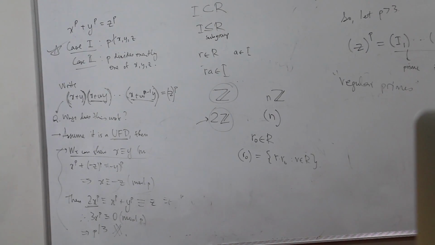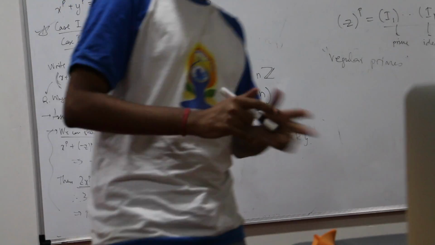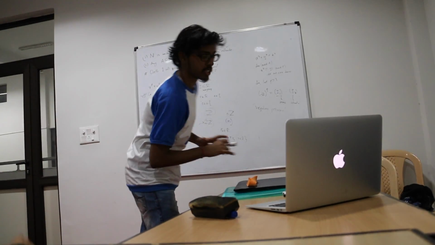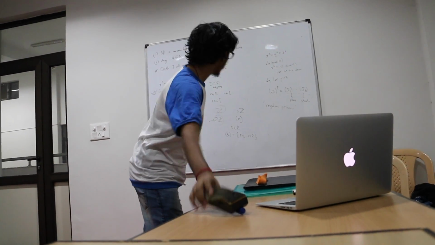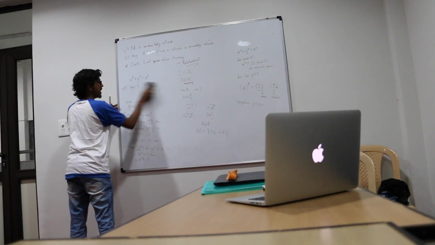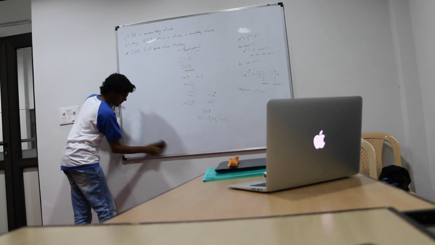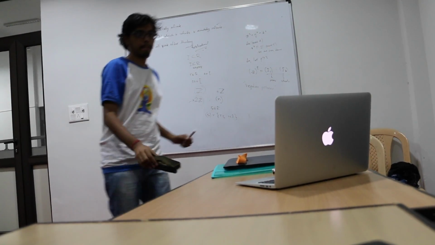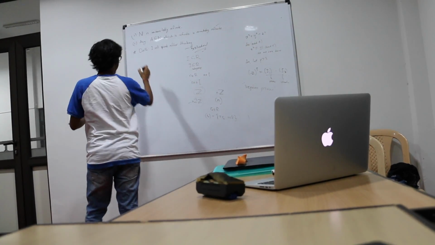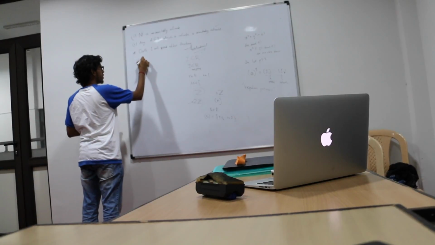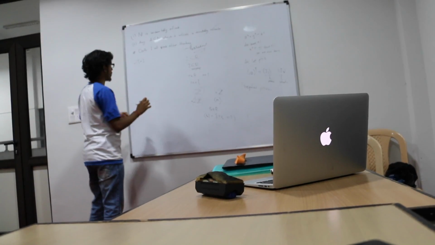And where was I coming in? Yes, regular primes. So I need to give a definition for regular primes. What I'm going to do is define an equivalence relation on the set of ideals. You can think of Z[omega] or you can think of any ring in general. It doesn't matter.